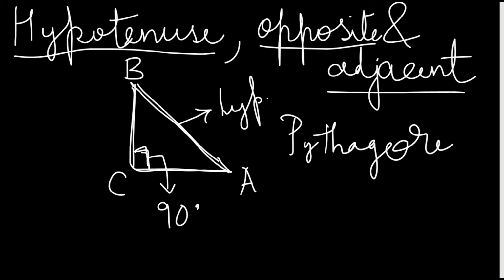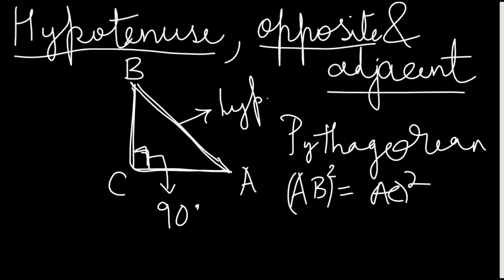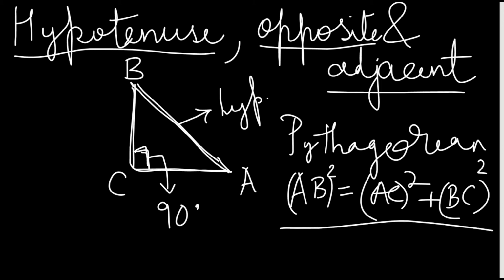In that theorem, Pythagoras has already defined the side that is opposite to the right angle: the square of it, that is AB, the length we are going to write, is always equal to AC square plus BC square. This is how you must have studied it in your Pythagoras theorem. If not, let's just keep it as knowledge. You might find it useful in some other subject.